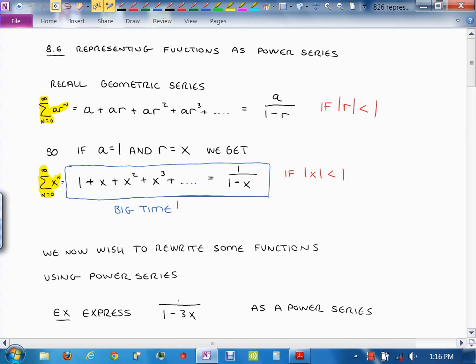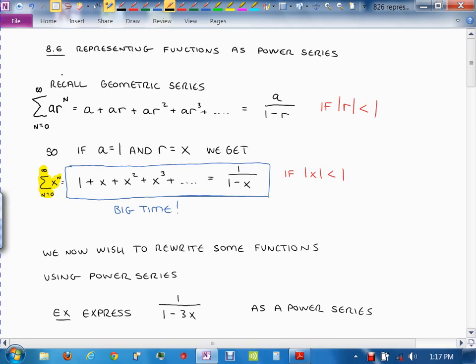And this sum is the way of representing that. I want to erase and make it a little bigger so you can really see this. It's the sum starting at n equals 0 to infinity of a r to the n.